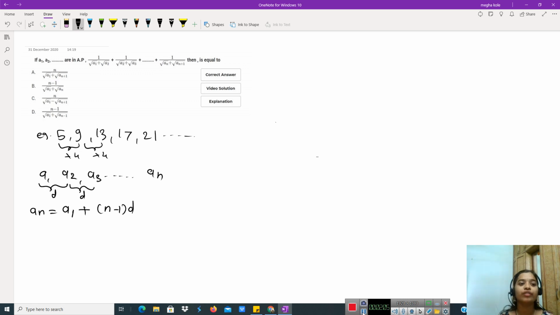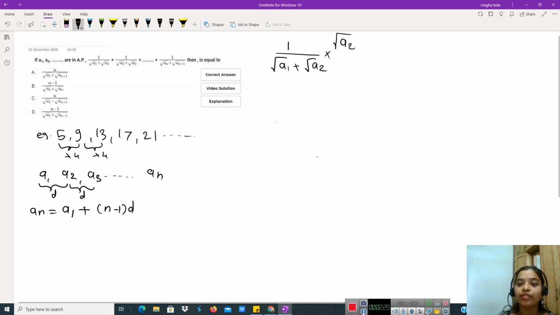Okay, now solving this part, square root of A1 plus square root of A2. I want to remove the square root from the denominator for further simplification, so we will rationalize this term. As it is a plus sign here, I will rationalize with the opposite sign: square root of A2 minus square root of A1 upon square root of A2 minus square root of A1.